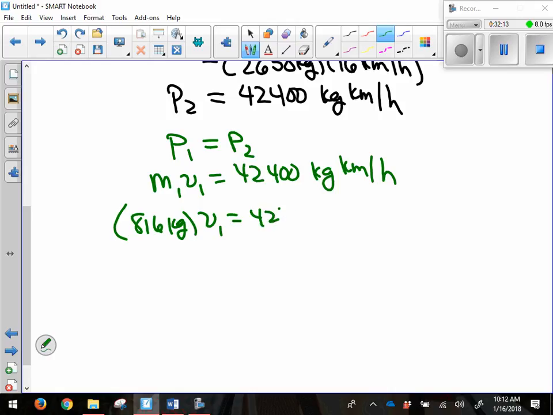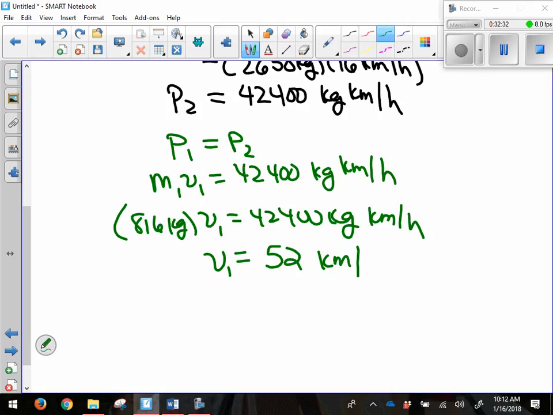I want to solve it for V1. And what's V1 going to be equal to? Is that what everybody got? That's what Sarah got. Okay. Which is about 30 miles an hour. Good.